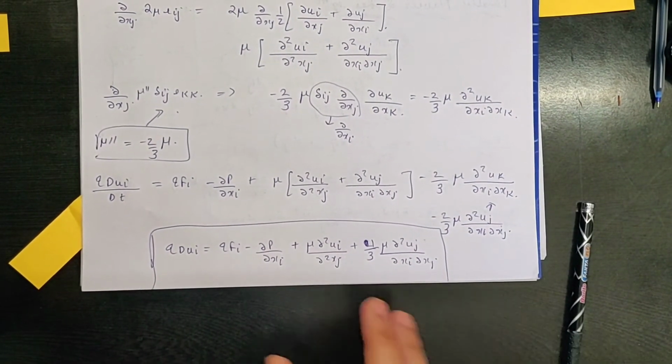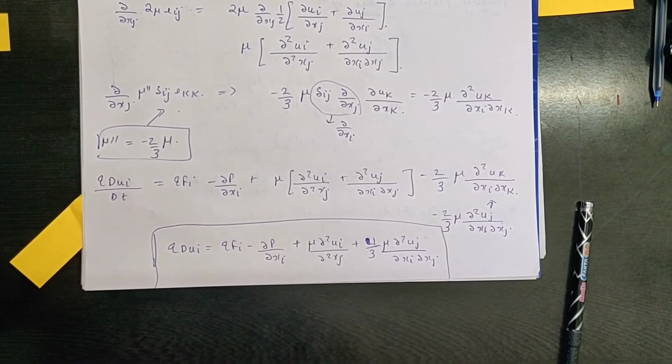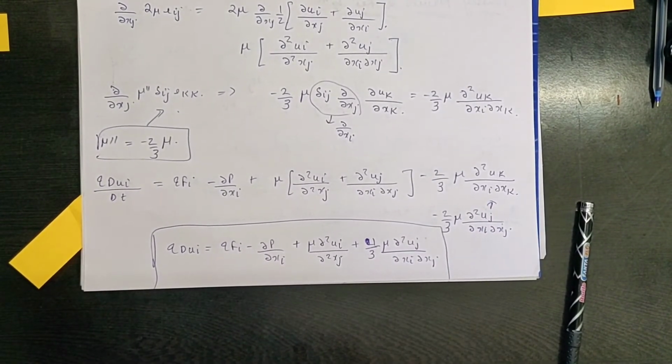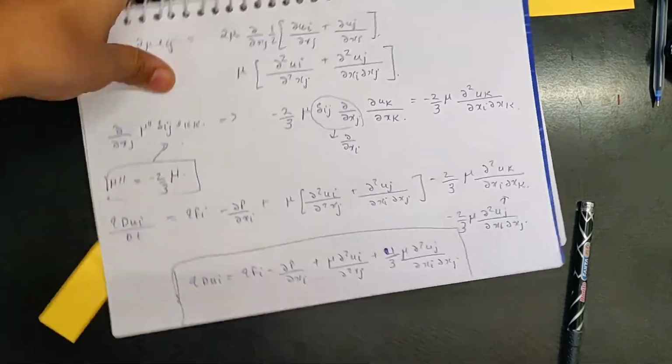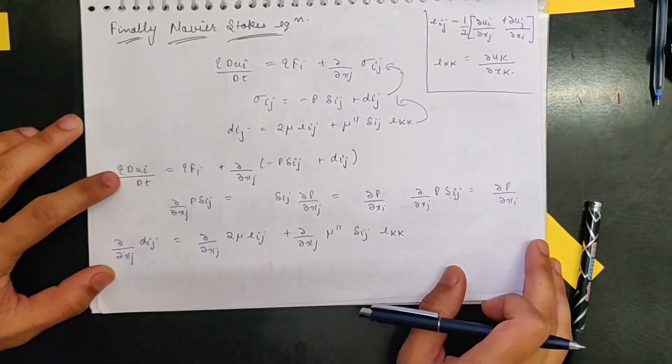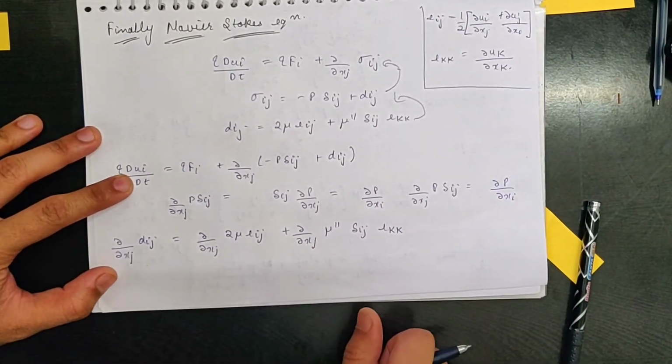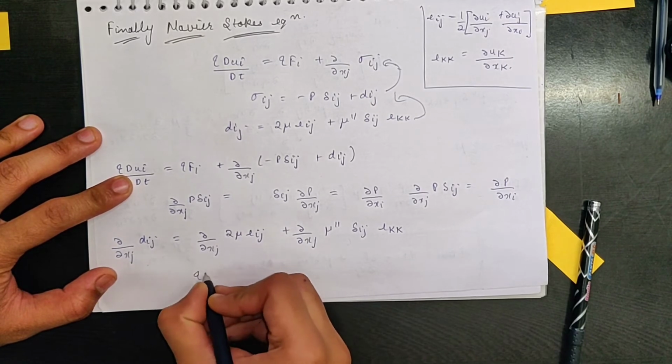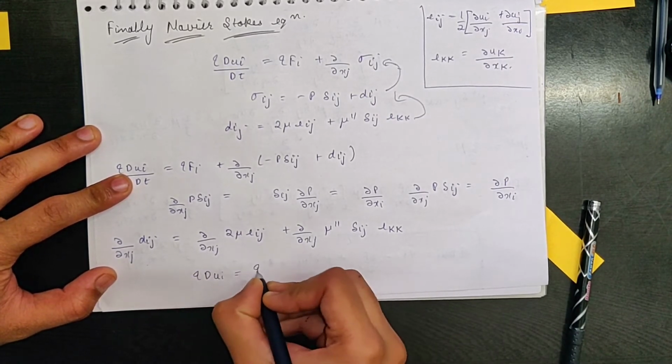Okay, so now we have obtained this expression. One thing we need to emphasize in this derivation is that we have assumed mu to be constant. If we do not assume mu to be constant, then the generic expression of the Navier Stokes equation would be this only.